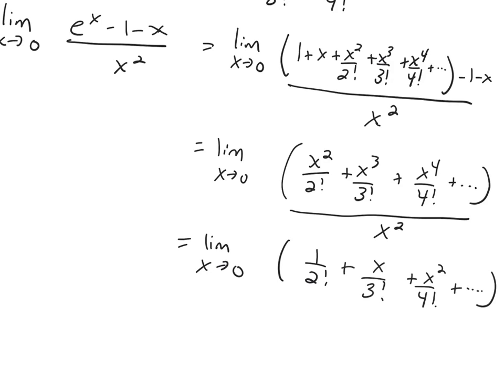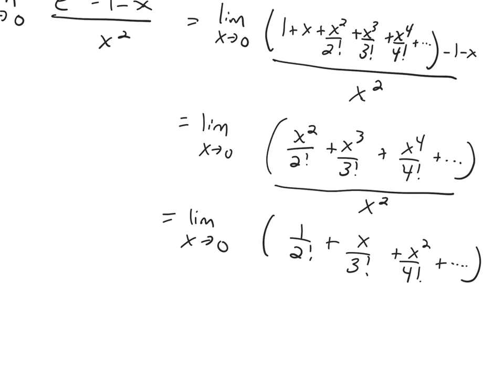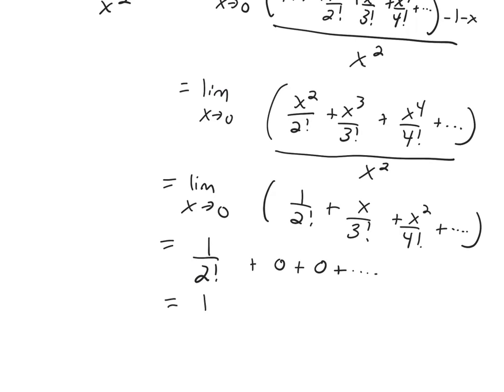And now what happens when I plug in 0 in place of x? You get 1 over 2 factorial, because all the other terms are zeros. So you just get 1 over 2 factorial, or 1/2.